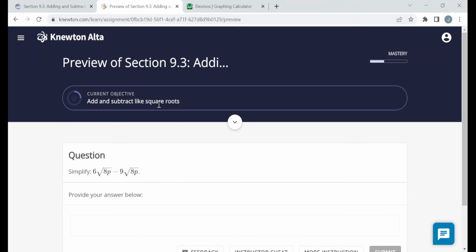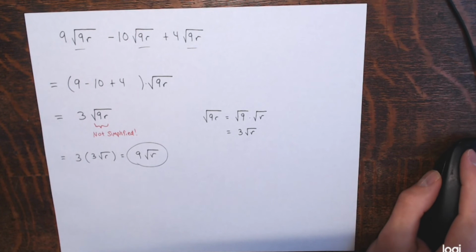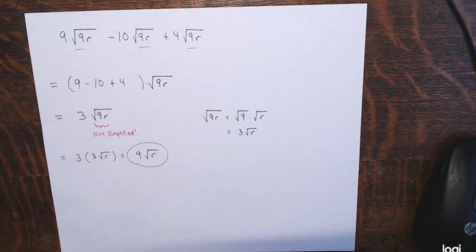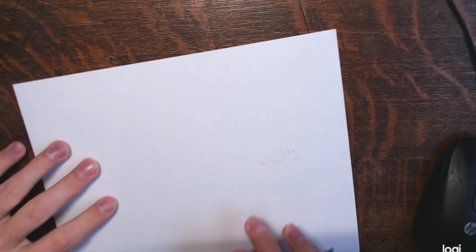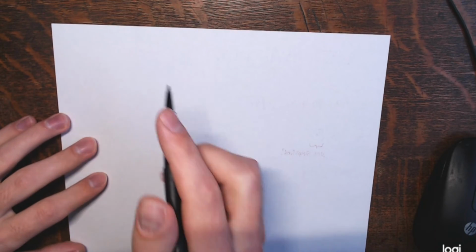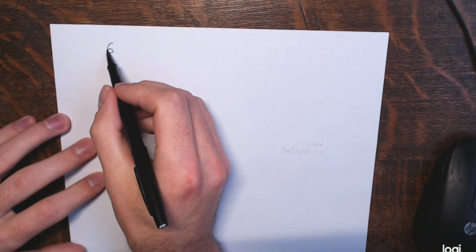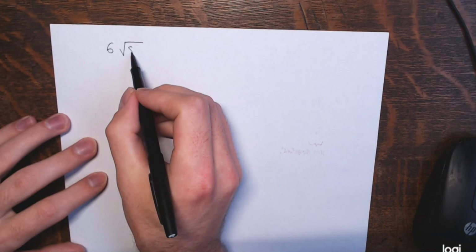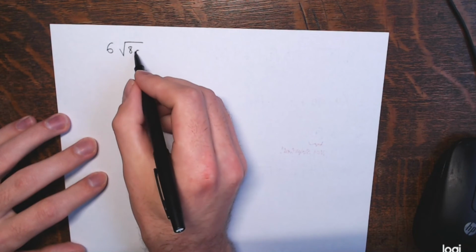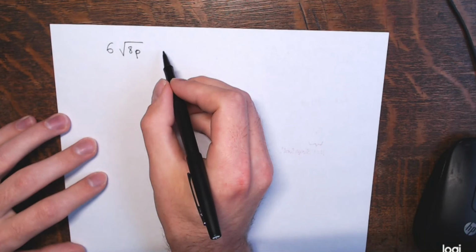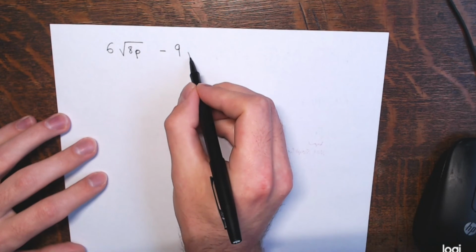So here's another one from this objective. Again, the radicals are like, the square roots are like. So I can combine these right now, but the square root itself isn't simplified. Very similar to the last example. I've got 6 times the square root of 8p minus 9 times the square root of 8p.